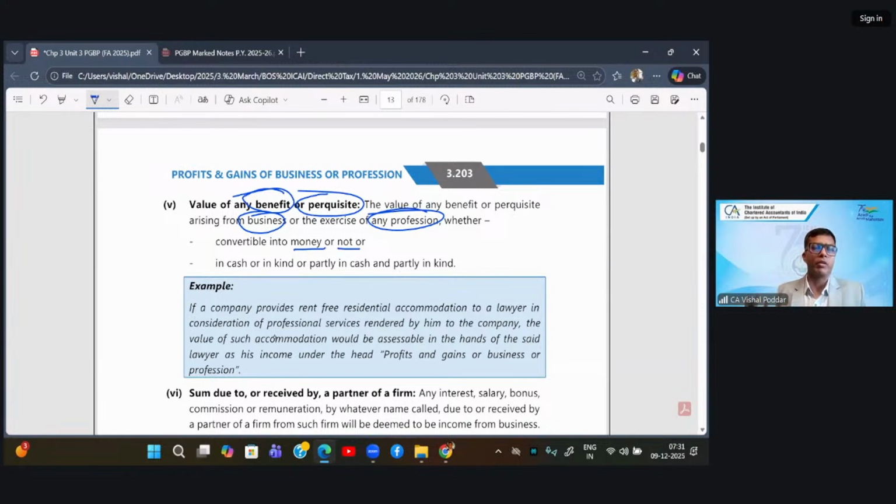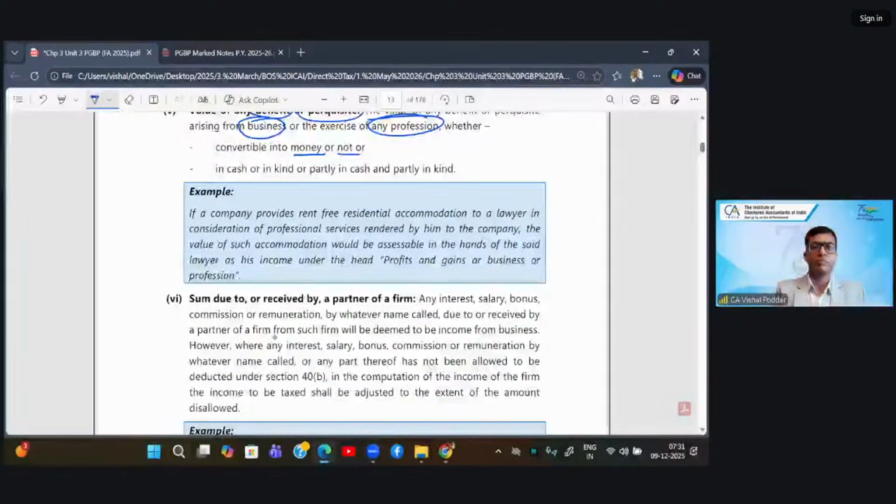Many times you get facilities, many times you get some lavish tour package because you are an agent, holding agency of some branded company, and because you have met targets, you are given such tours, you are given some bullet vehicle or some SUV car as an incentive, as a perquisite. It will be taxed under the head PGBP.